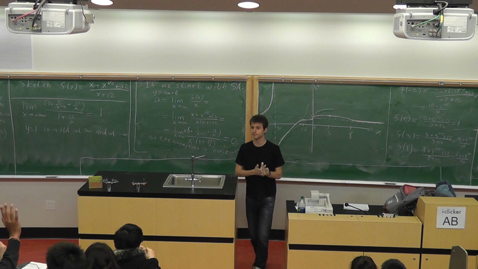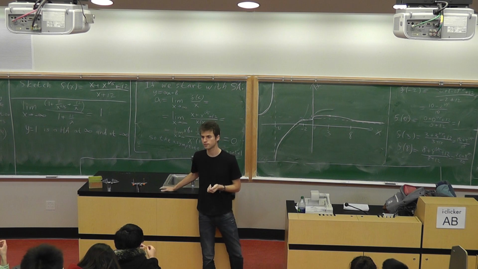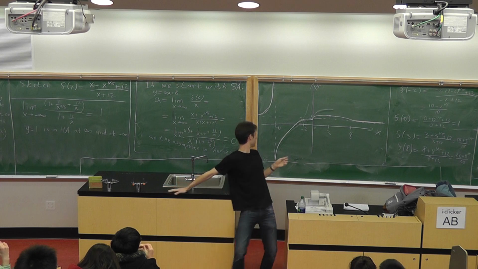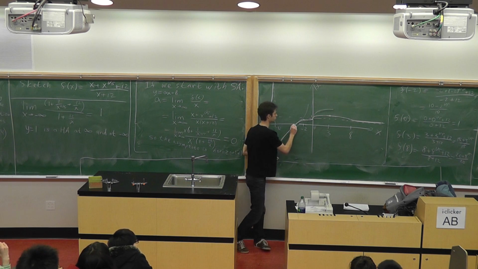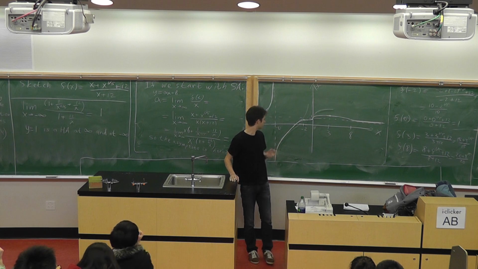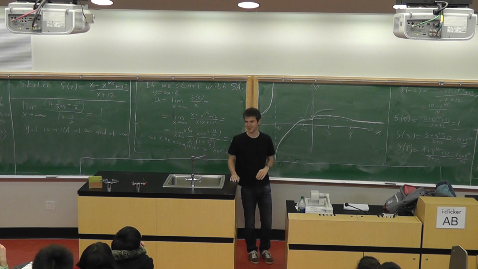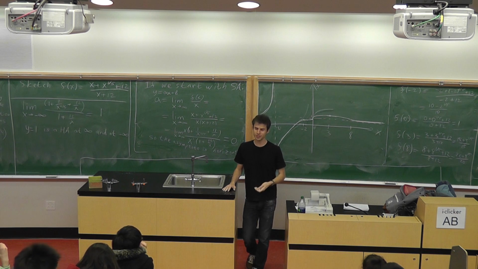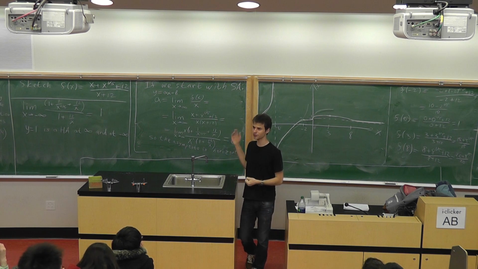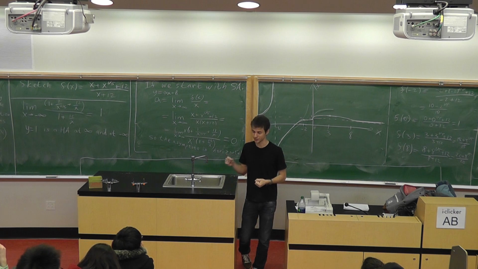Okay, so other question? Yeah. But we don't really care about the accuracy of the roots? Well, on the midterm, I believe that one of the questions for graphing will be find the x and y intercepts.